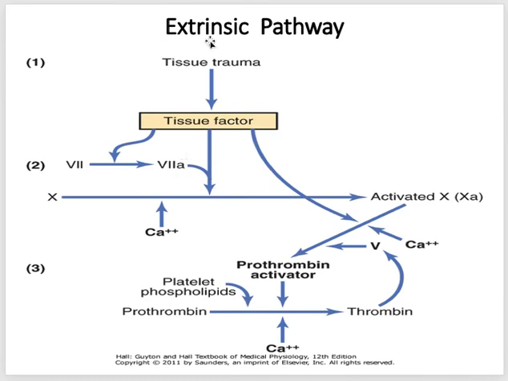See, tissue trauma is going to happen. Tissue factor is released. What is it doing? It is changing factor 7 to factor 7A, A meaning activated, which in turn activates factor 10 to factor 10A, right?